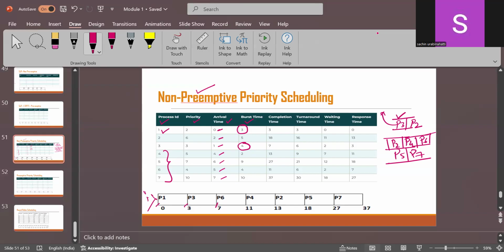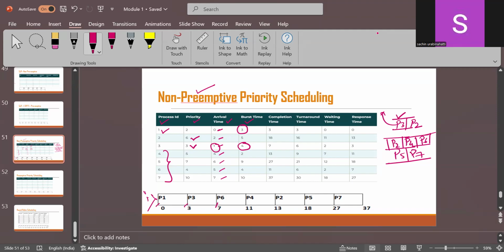During these 3 units of time, two more arrived in the queue, that is P2 and P3. But out of P2 and P3, why did we take P3? The reason is not that it came first, but that we are looking at the priority. When P3 and P2 were in the queue, the priority of P3 is 3 and the priority of P2 is 6. Priority 3 is on the lesser side.